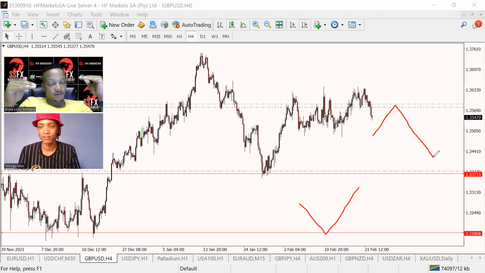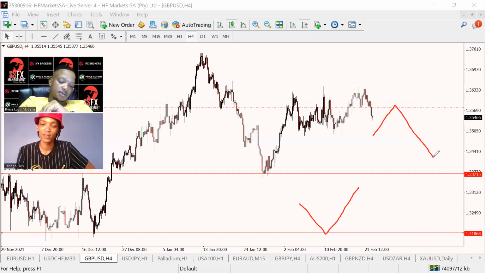For me, it's a fake move based on the fundamentals. Eventually it's going to follow the technicals. The technicals work. So we'll be doing a lot of technical analysis, and the fundamentals we just learn here and there.